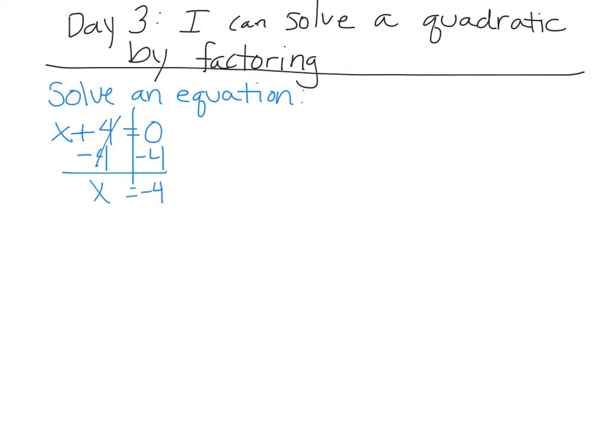Been a while since we've done problems like this, but you've been doing it since probably 7th grade. So let's look at x minus 7 equals 0. Draw the line. This time we're going to add 7, and x equals 7.